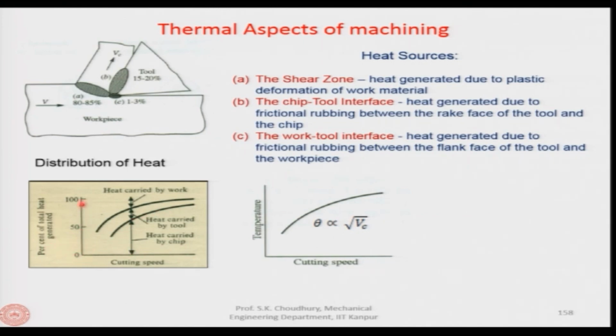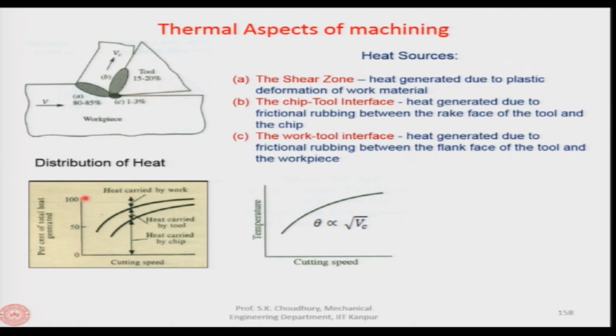Along the y axis we have the percent of total heat generated due to the machining. So, total heat means that this is due to plastic deformation, due to the friction between the chip and the rake face of the tool, and in this zone, the flank face and the machined surface.